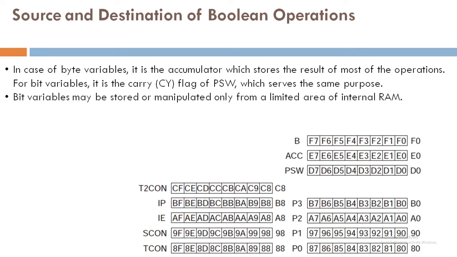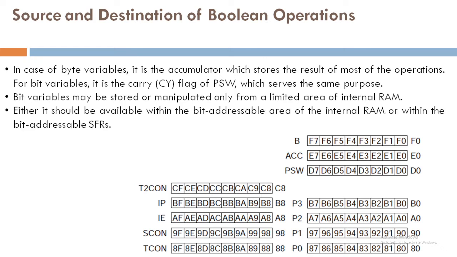The bit variables may be stored or manipulated only from a limited area of internal RAM, which is the bit addressable area, and it should be available within the bit addressable area of the RAM or within the bit addressable SFRs, the special function registers which are capable of handling bit addressing.